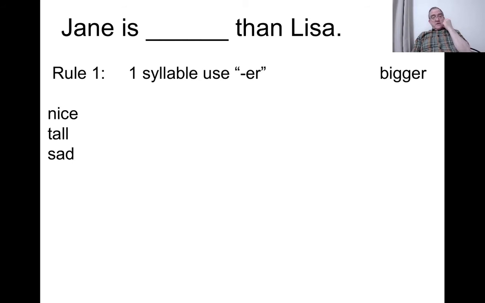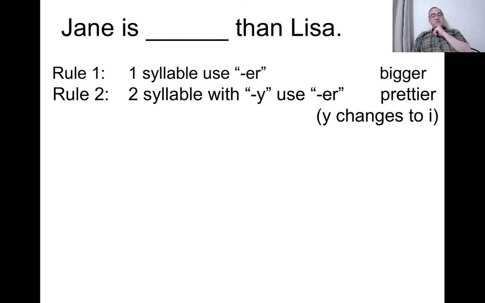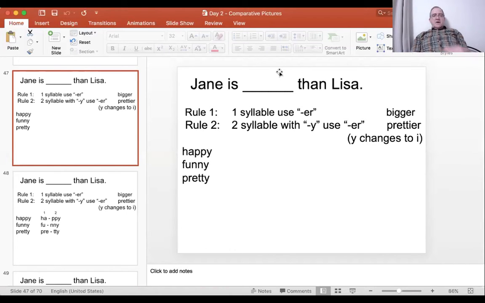Nice, tall, sad. Nicer, taller, sadder. Rule 2. Two syllables with y use er. Okay, so we have examples of happy.